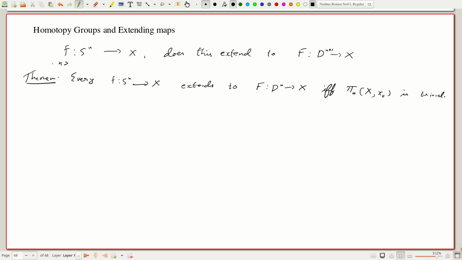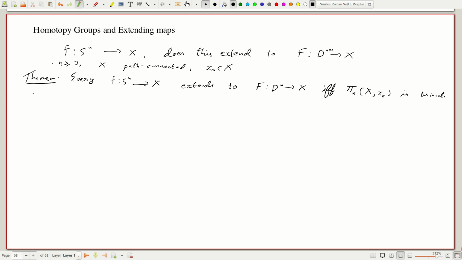Let me just say n is greater than or equal to 2, X path connected, and x0 is a point in X.